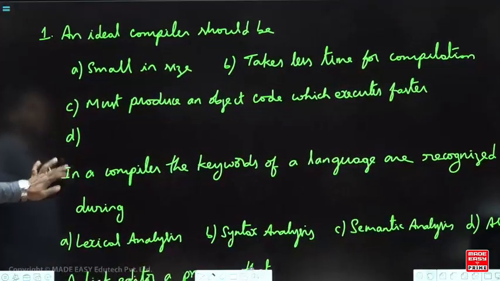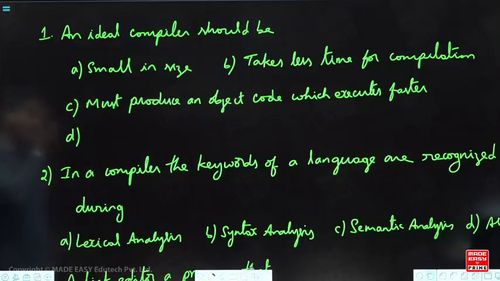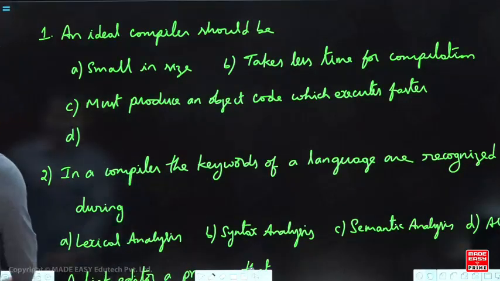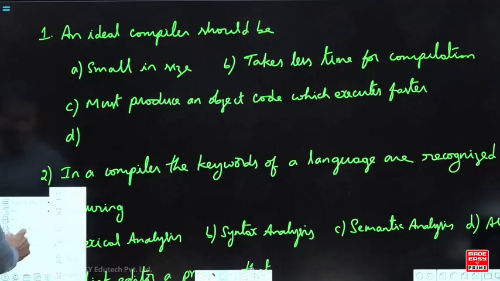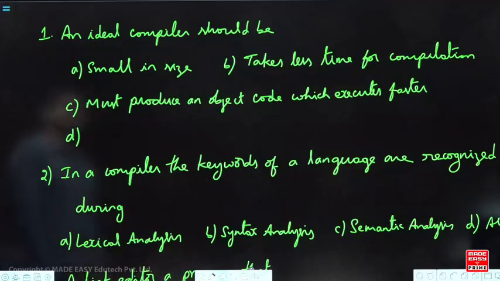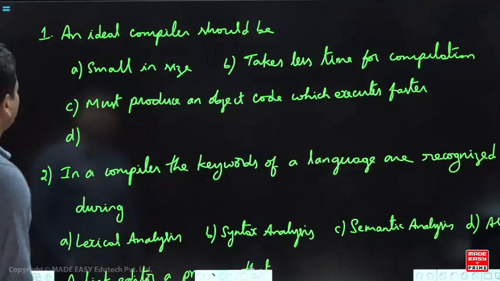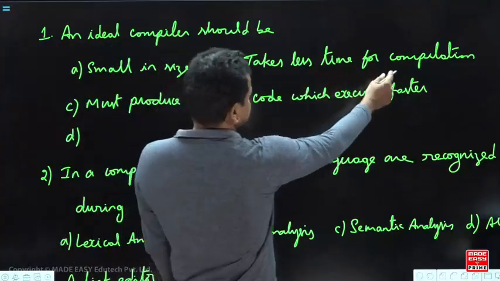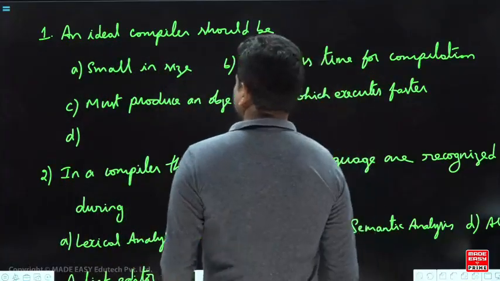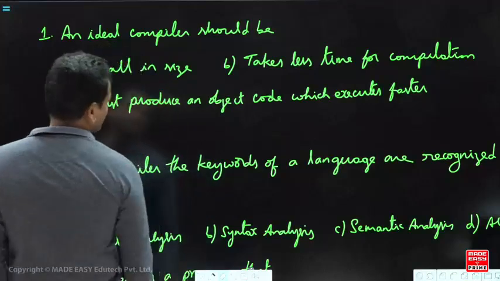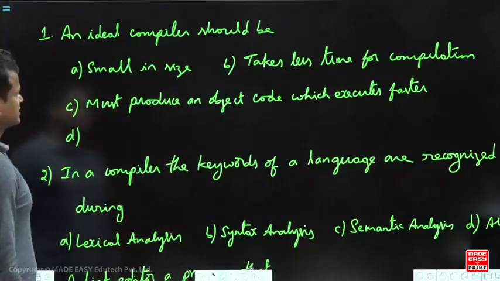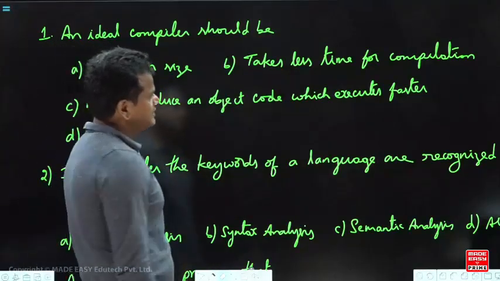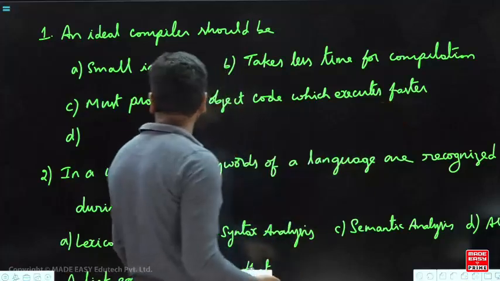First question. An ideal compiler should be: A. Small in size. B. Takes less time for compilation. C. Must produce an object code which executes faster.